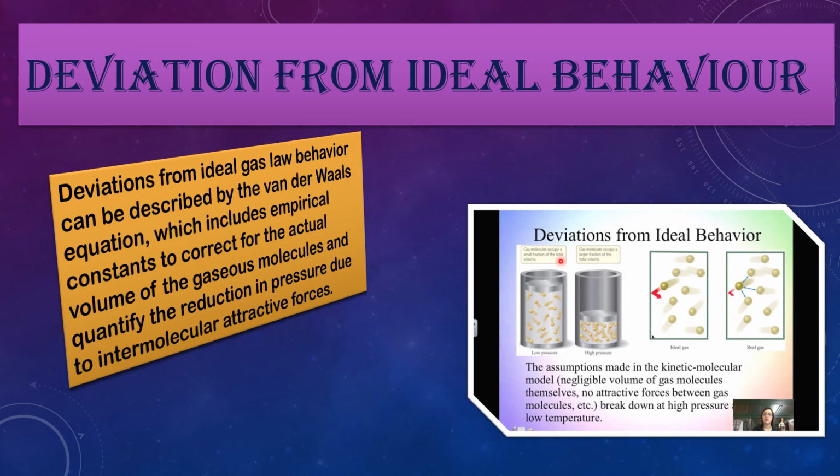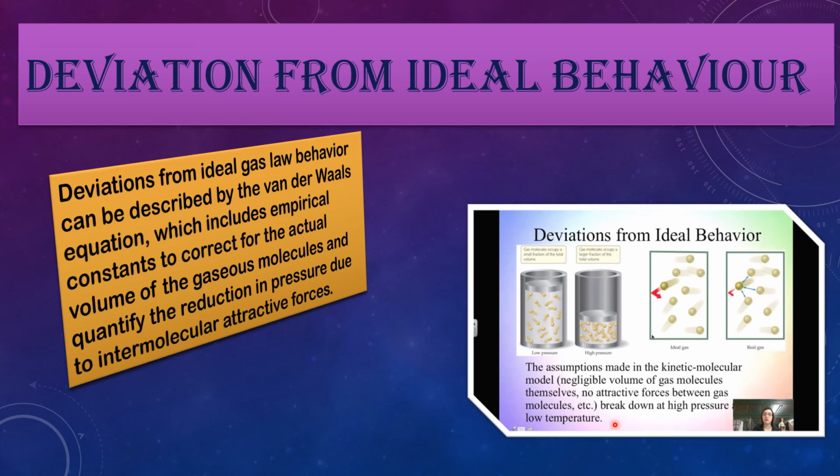See the diagram, deviations from ideal behavior have been shown. The assumptions made in the kinetic molecular model, negligible volume of gas molecules themselves, no attractive forces between gas molecules, etc., break down at high pressure and low temperature.